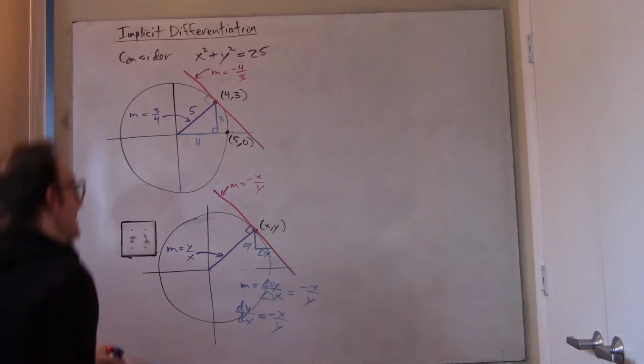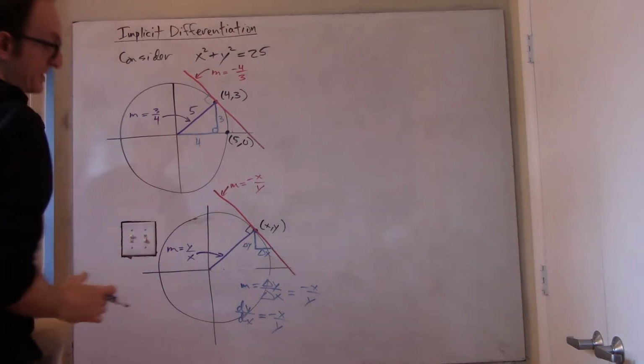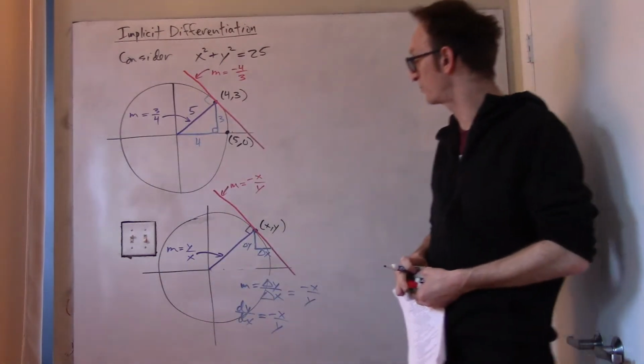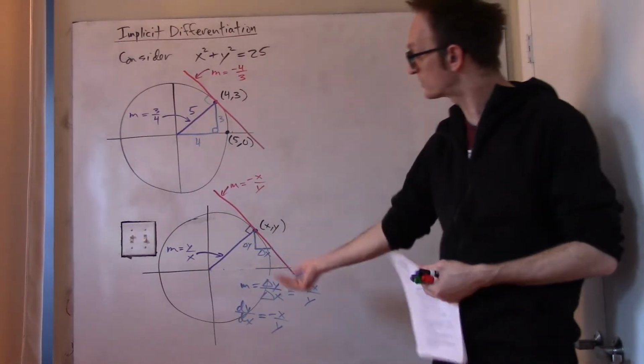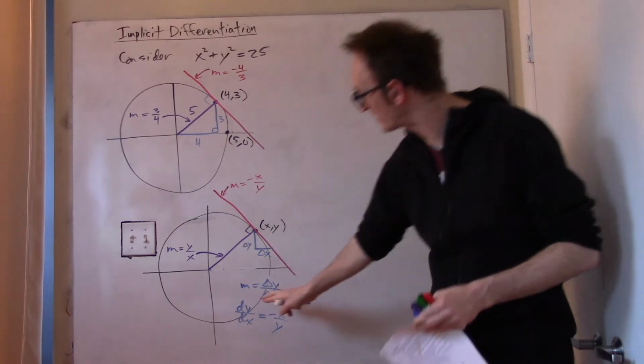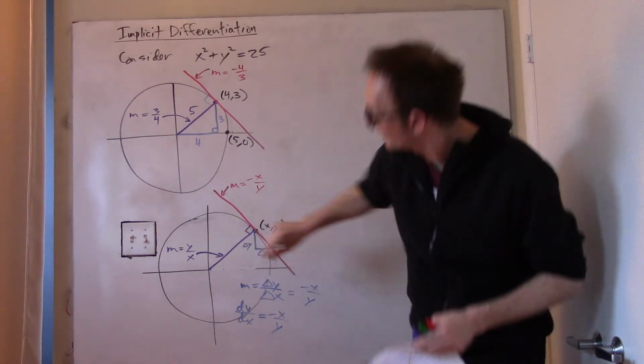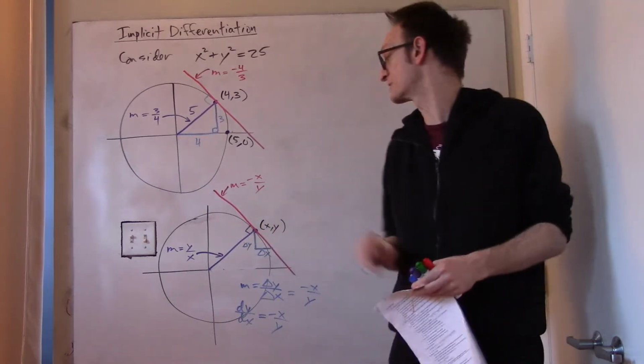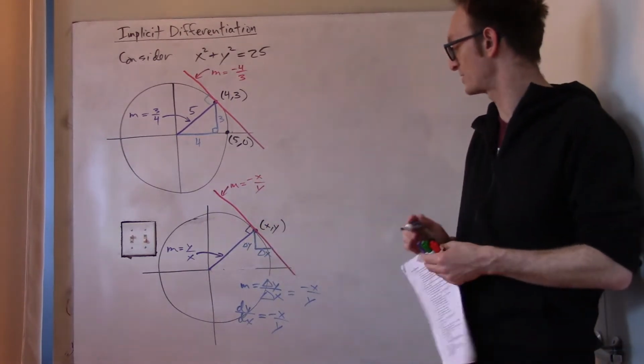And so dy dx, if you're comfortable with this geometric interpretation of dy dx, is just the slope of this line: the infinitesimal change in y over the infinitesimal change in x for two points that are very, very close together on this curve, which is saying the same thing as the slope of the tangent.